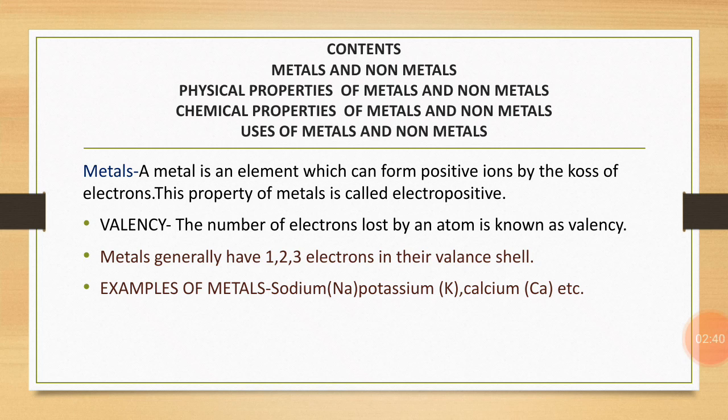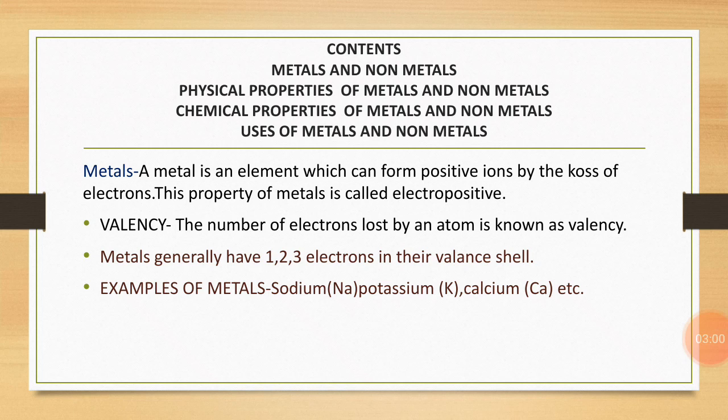Metals are the elements that have the tendency to lose those electrons. They can easily lose electrons to form electropositive ions. By losing the electrons, they form positively charged ions, and these are known as cations.